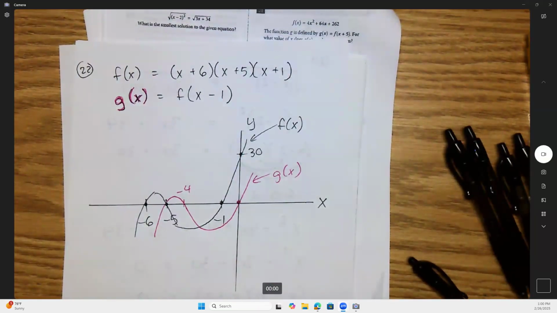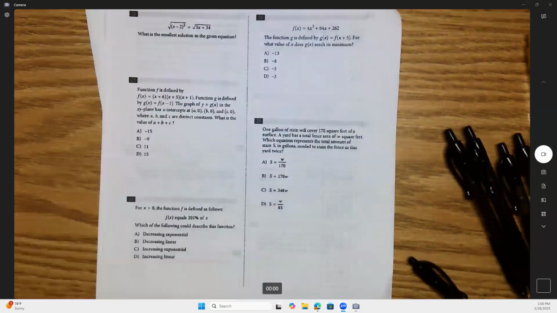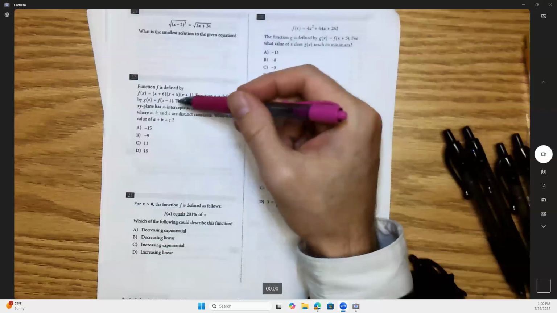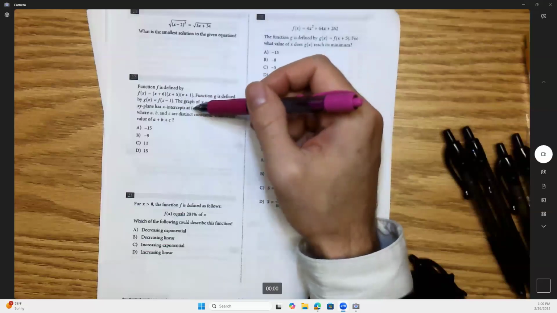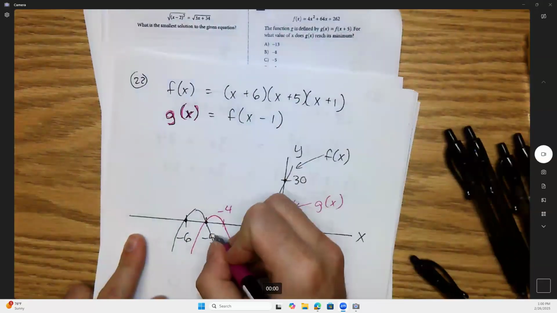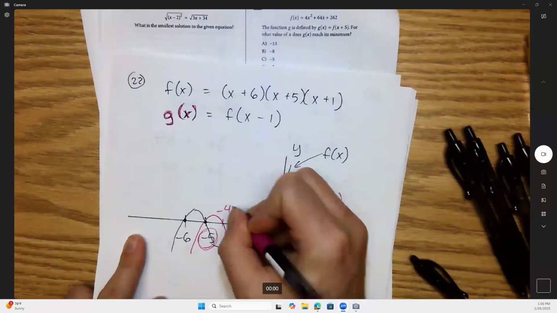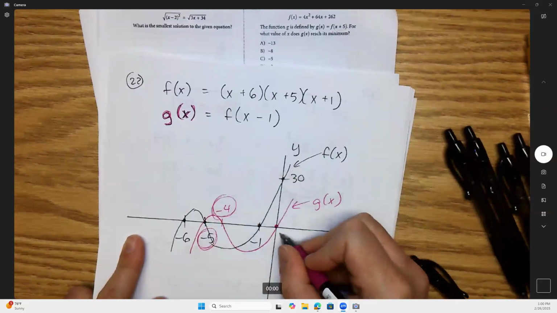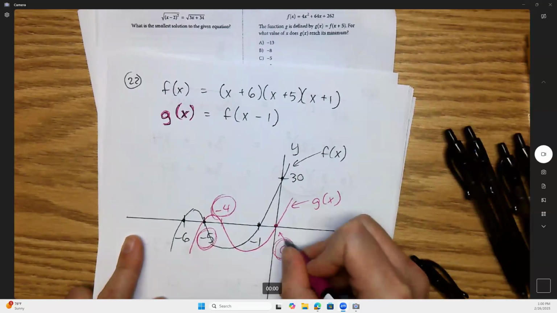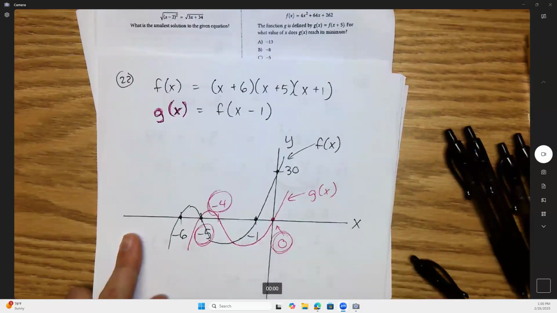Okay. Now, the packet. They're saying the zeros, the x-intercepts for g of x are a, 0; b, 0; and c, 0. Isn't that like -5, -4, and then this point here would be 0, 0. Right, those are the x-coordinates.